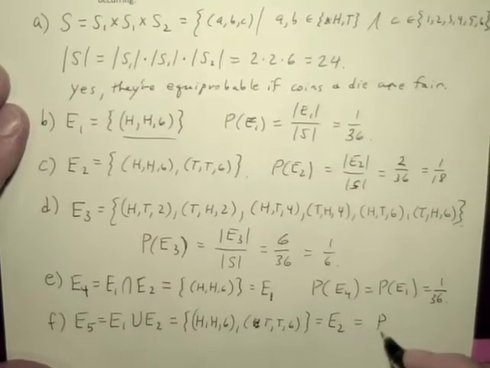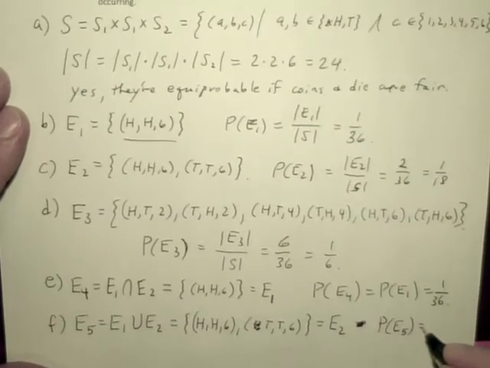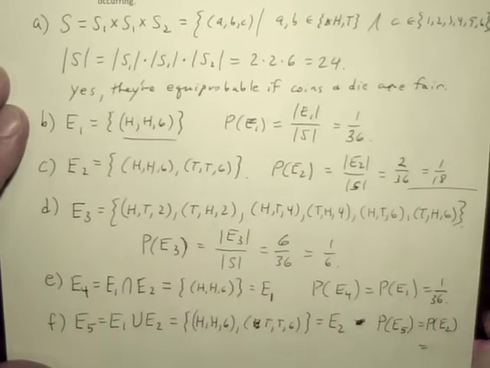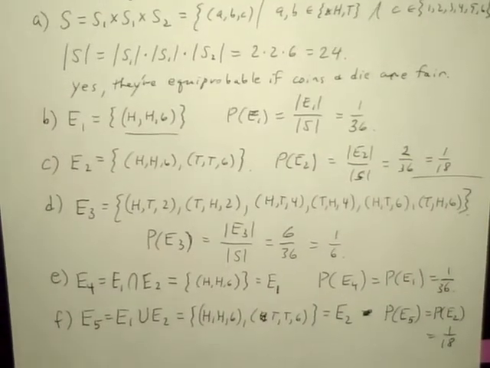And so the probability of E5 is equal to the probability of E2, which was calculated up here to be 1/18.